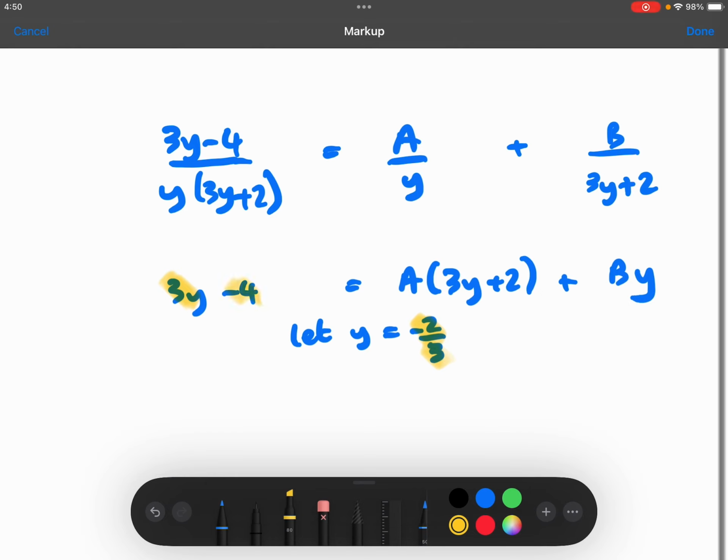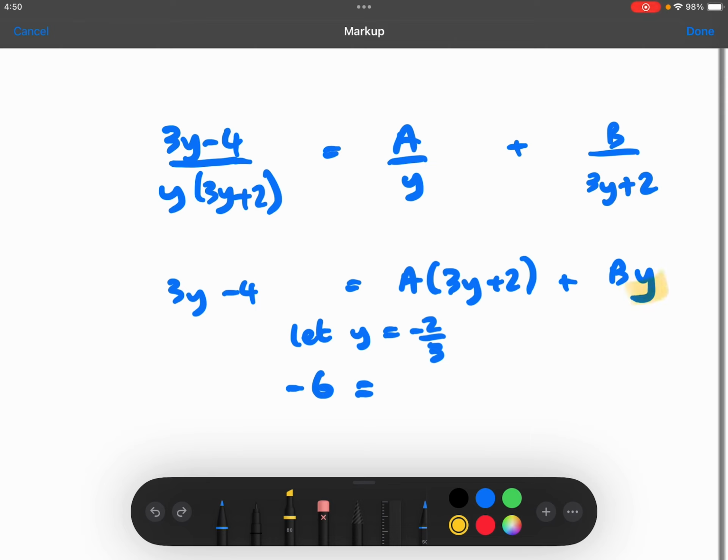Minus the 4 is minus 6. As we said, this term here is just going to become 0 now.